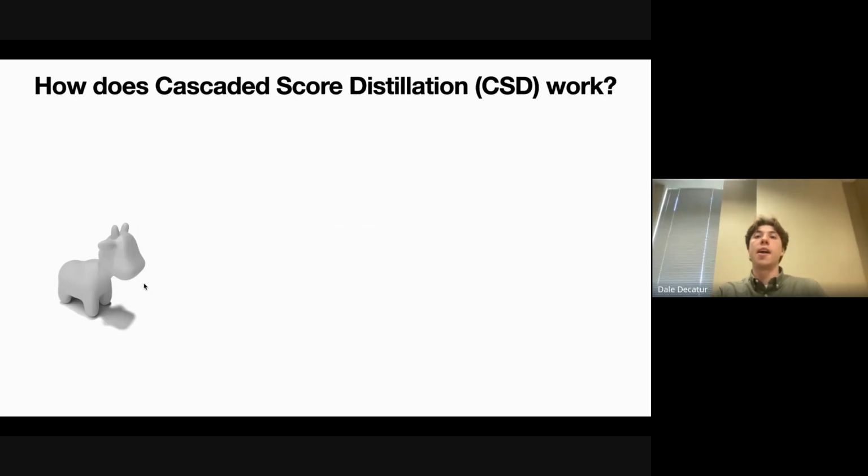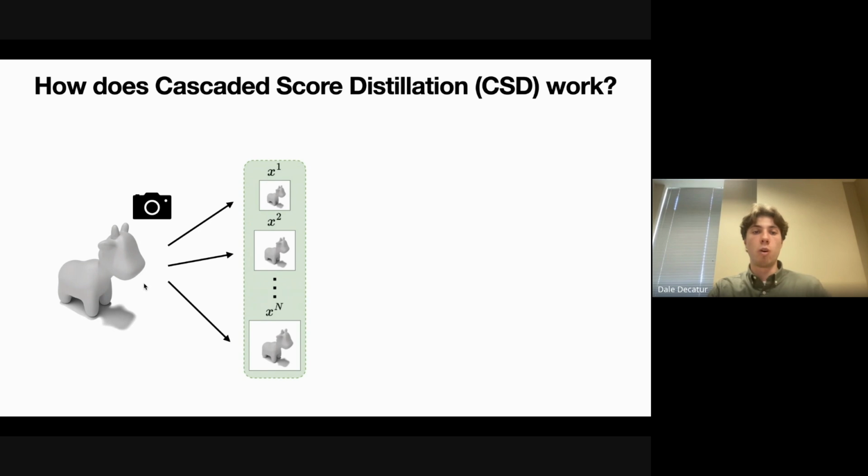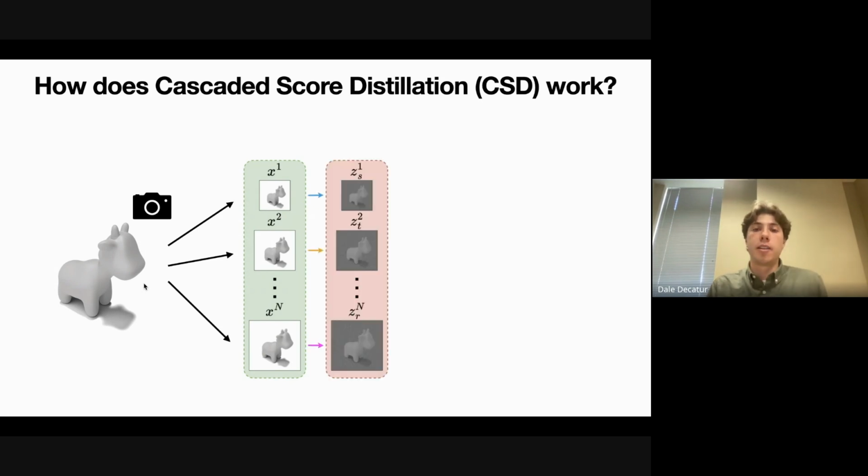So, at a high level, how does this cascaded score distillation work? In standard SDS, you would have your single rendered image. In our case, we're going to render images at multiple resolutions, one resolution to correspond to each of these cascaded stages. Once we have that, we can independently sample noise and compute our noisy images for each of the resolutions.